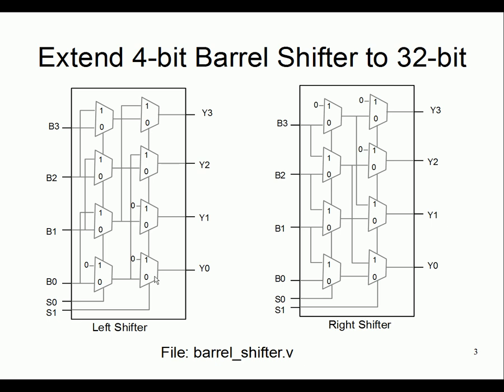So what are the changes? A 32-bit barrel shifter means I need multiplexer column selection of 5 bits, 0 to 4. That means I need 5 stages, 5 columns of multiplexers in a cascaded form, and we keep shifting the connection from one column to another. The first column is 1-bit shifting by hardware connection of the wires.